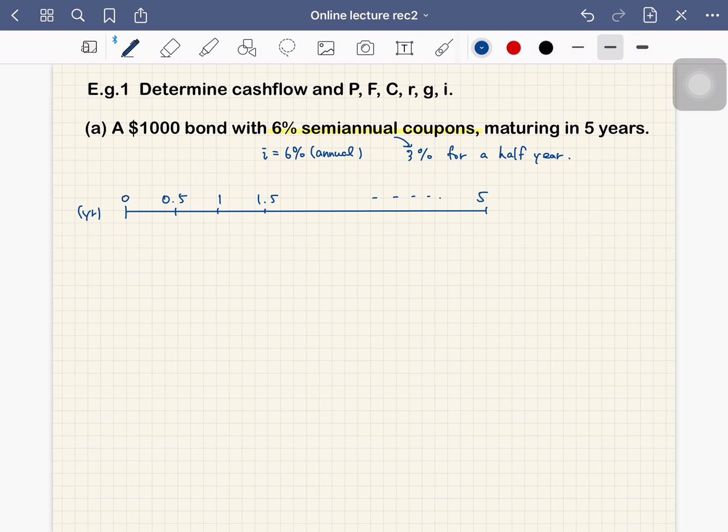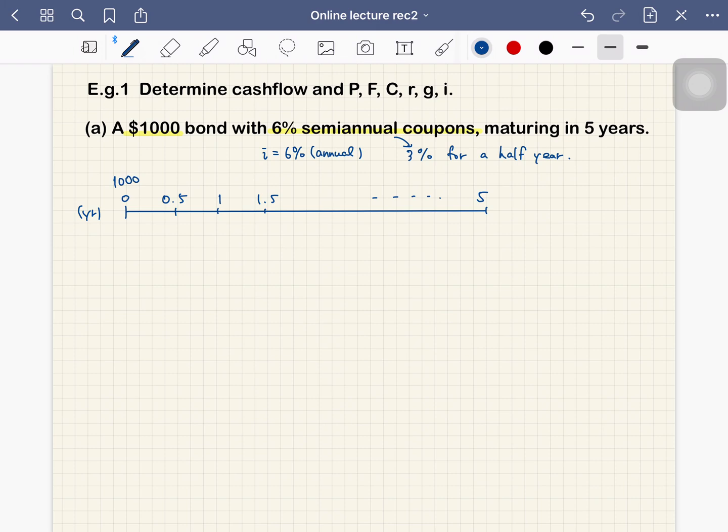And the price. The $1,000 bond means the face value is 1,000, but without any remarks, we also have to assume that the present value is 1,000.